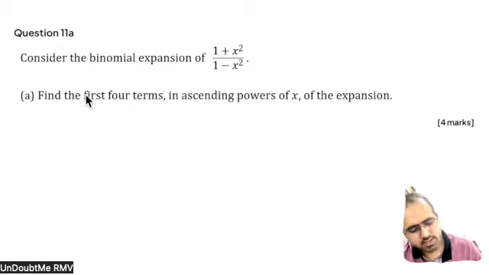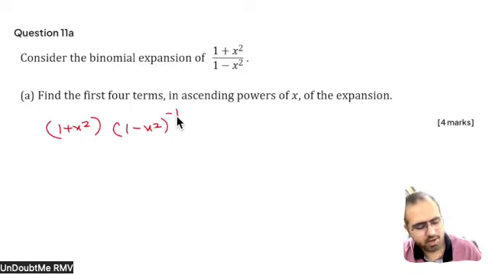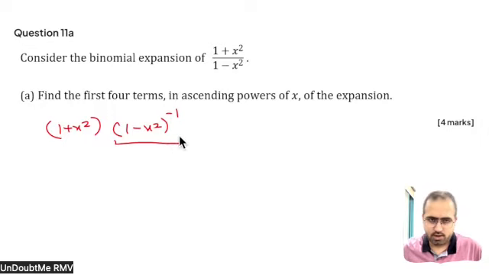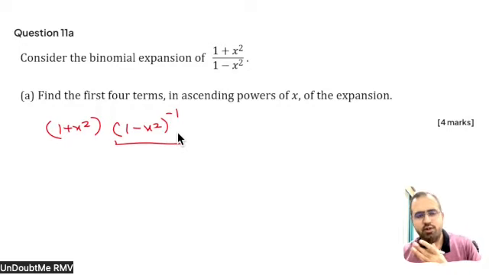So first step for solving this question will be 1 plus x square, 1 minus x square raised to the power minus 1. Now you can't do anything to 1 plus x square, but 1 minus x square, you can consider negative 1 as n, and you can just follow the same logic for that.